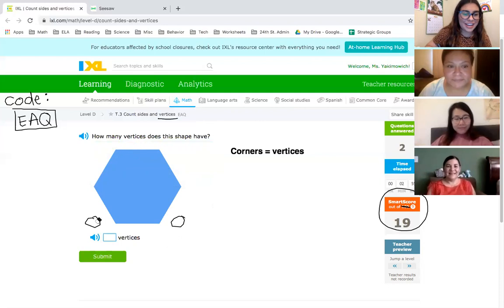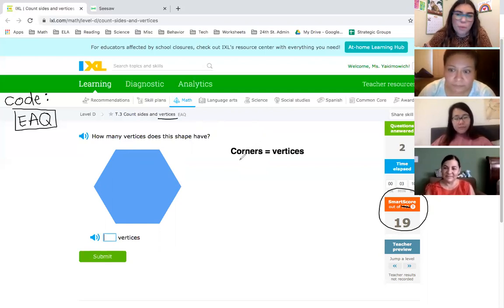All right. Now, Ms. Hernandez, can you read the directions on this problem? Sure. How many vertices does this shape have? Ooh, so we're still talking about vertices. We had 1 question about sides and then 2 about vertices. So how many, Ms. Hernandez, vertices do you see? Well, if I'm understanding that vertices are the same as corners, I'm going to touch and count each one.